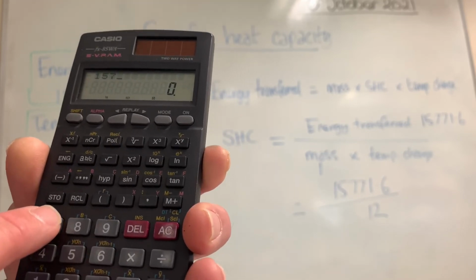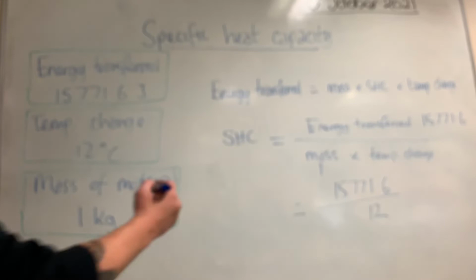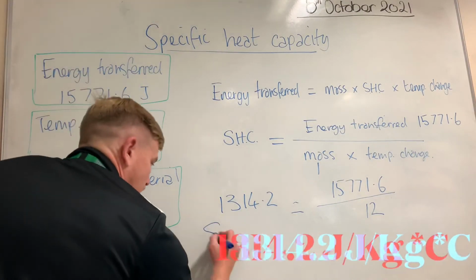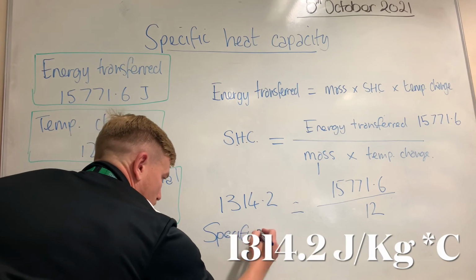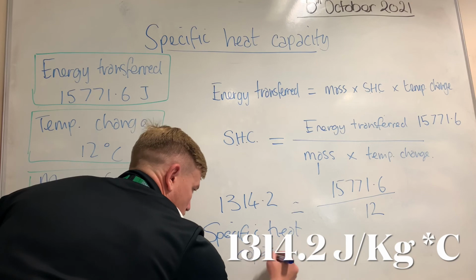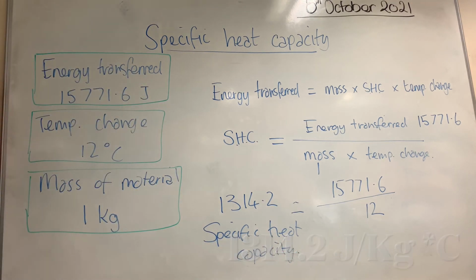So, top tip, have a calculator with you when you're in your exam or in your lesson so you can easily work out and calculate these equations. So we can now see we have our grand total of 1,314.2 joules per kilogram for every degree Celsius that aluminium has to be raised by.